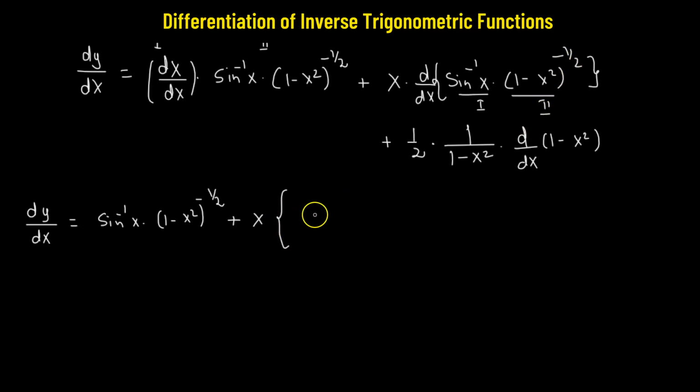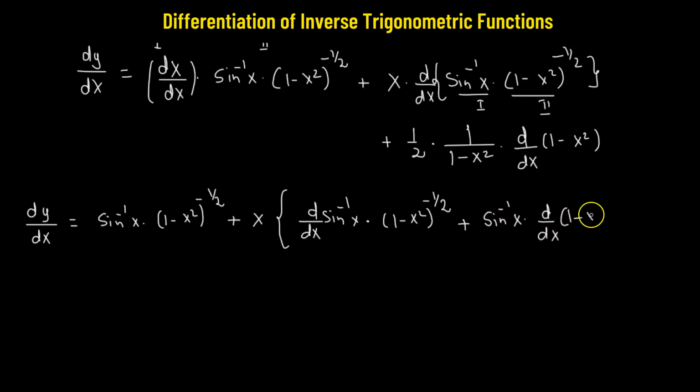So we have derivative of the first function, which is sine inverse of x, and that's simply multiplied by 1 minus x squared raised to the power of negative half, plus we have sine inverse of x times derivative of 1 minus x squared whole raised to the power of negative half, plus we have half times 1 over 1 minus x squared times derivative of 1 minus x squared, so that will be negative 2x.